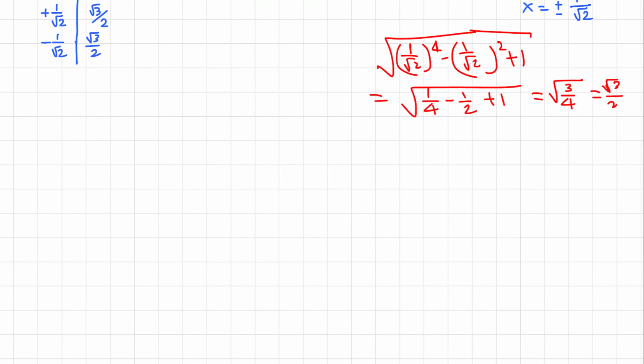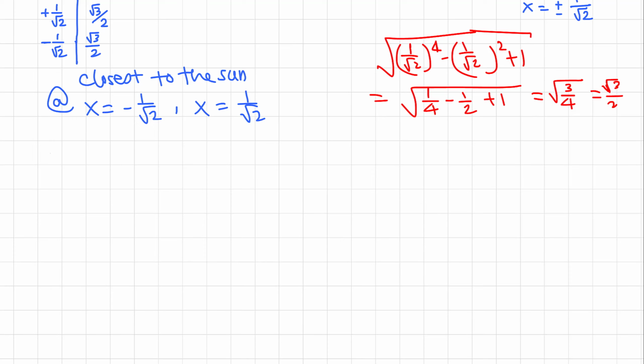So this comet is closest to the sun at x equals negative 1 over root 2 and at x equals 1 over root 2, and the minimum distance we found is root 3 over 2 million miles. Okay, final.